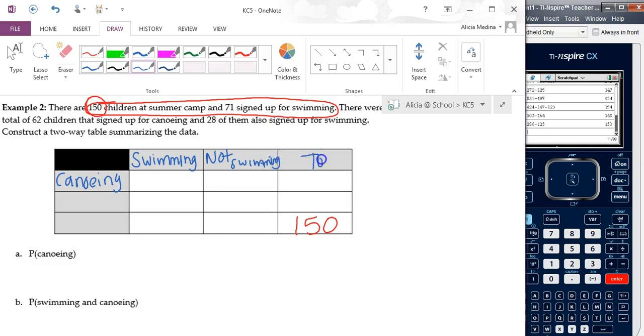This is going to be our total here. And then you either are canoeing or not canoeing. And then this again is our total.